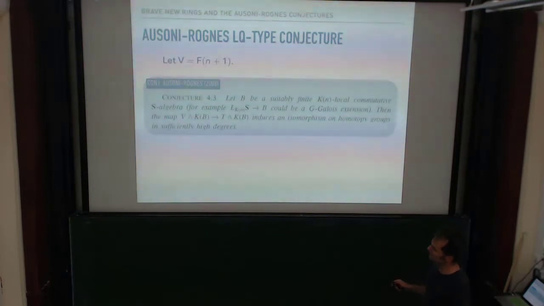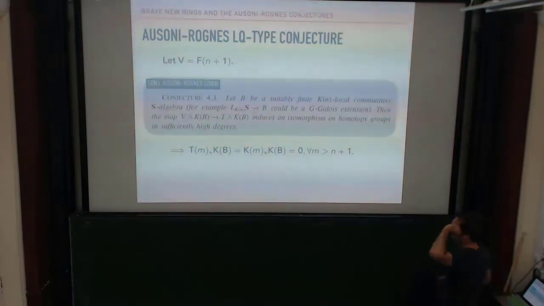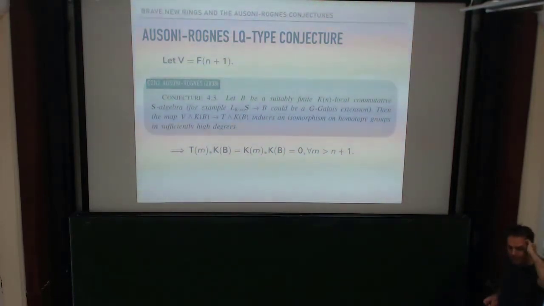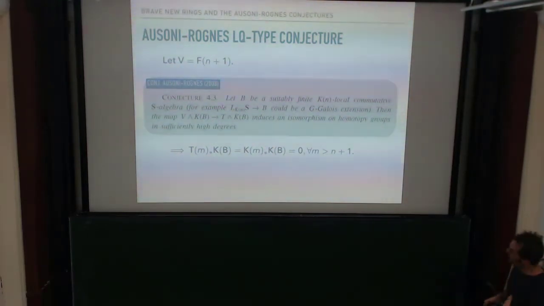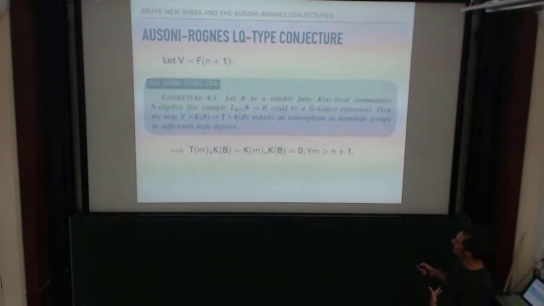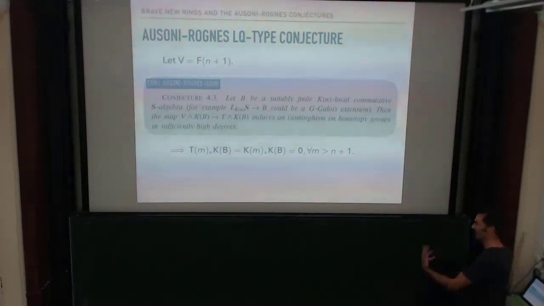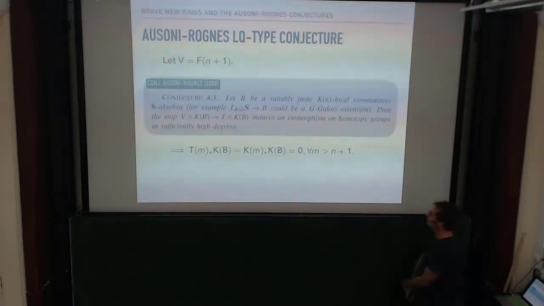In other words, the fiber is co-connective. And by the same argument I gave before for Mitchell's theorem, if I do a telescopic or K(m)-local localization for a bigger m, then in fact these will all be 0. So somehow we're getting this predicted shift phenomenon. You'll get something, this B, which has trivial K(n+1) homology. Apply K-theory and you'll get something which has trivial K(n+2) and higher Morava K-theory.